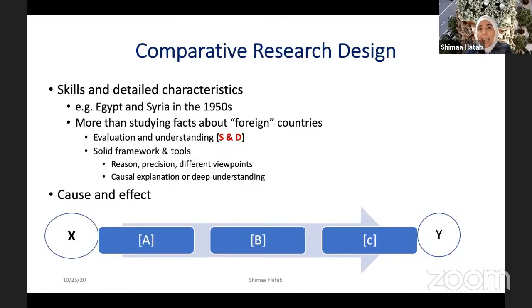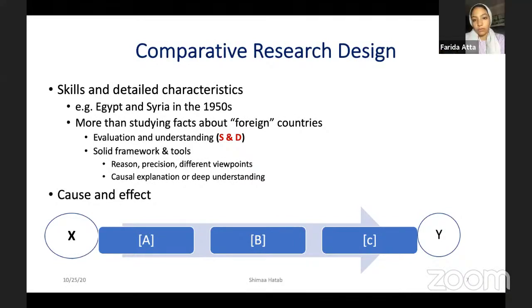So A and B and C are the causal mechanisms by which you need to examine how X causes Y. This is how you unravel this complex causality, A, B, and C, in order to tell us how minority rule in a crisis situation would lead to a civil war in some countries.